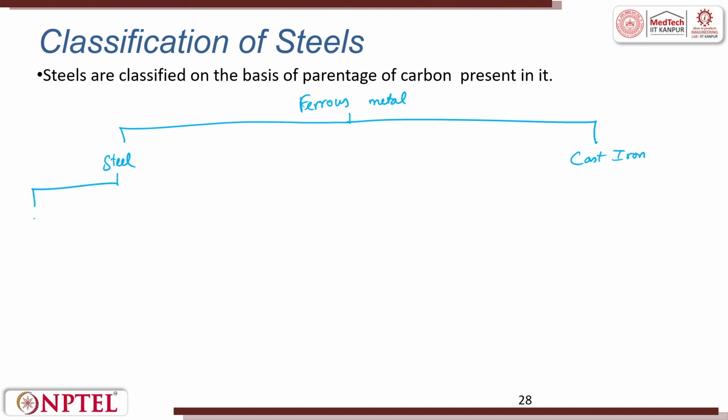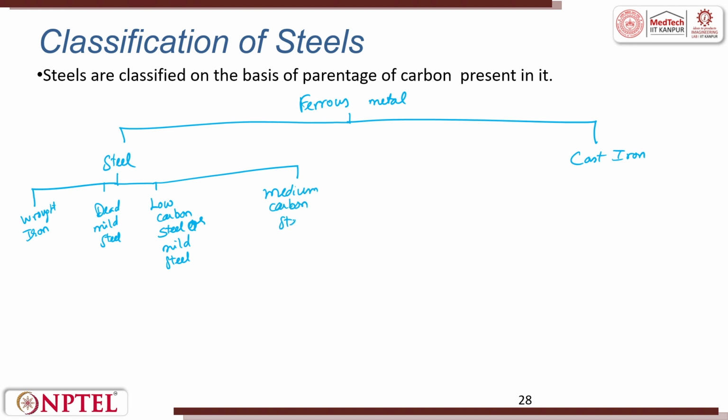When we have steel, we have wrought iron, then we have dead mild steel, low carbon steel or mild steel, medium carbon steel, and you have high carbon steel.